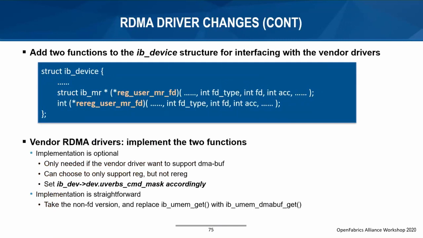This is optional, only if the vendor driver wants to support the DMA-BUF, and it can choose to support only one, not the two. Only support the regular registration, not the re-registration. And you just need to set the command mask accordingly.